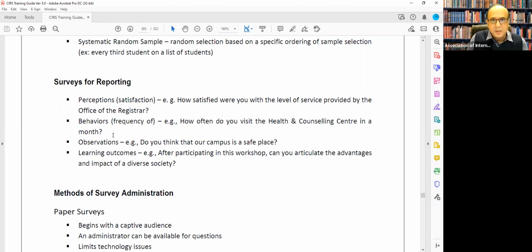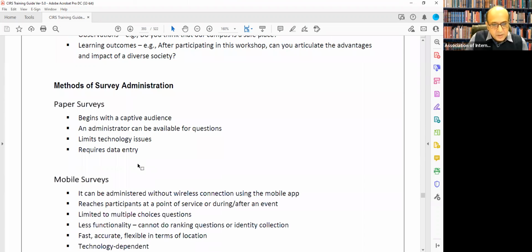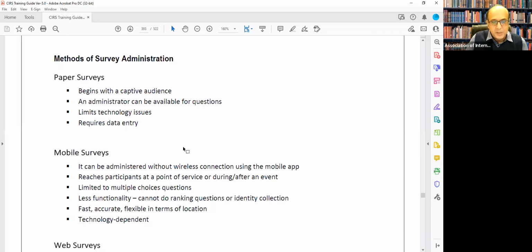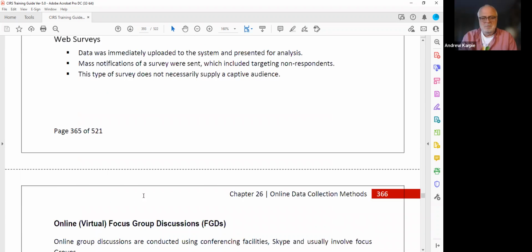The best method is memoing in case you want to write some additional notes alongside the surveys. Behavior, how do you wish? So all of this is pretty much itemized in the book. So you don't have to go one after the other.